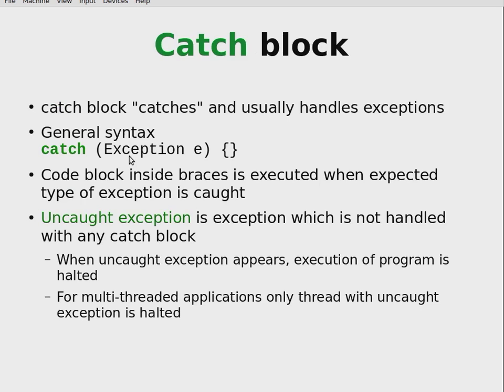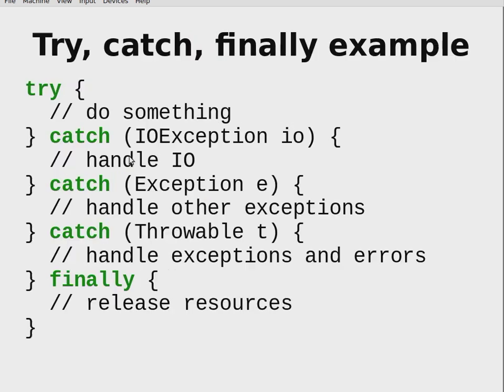And how do you deal with these exceptions? Usually, if you know that some error or exception may be thrown, you handle them, and you have a try block, and inside the try block you do these operations which may throw different kinds of throwables, either errors or exceptions, and then you catch them.